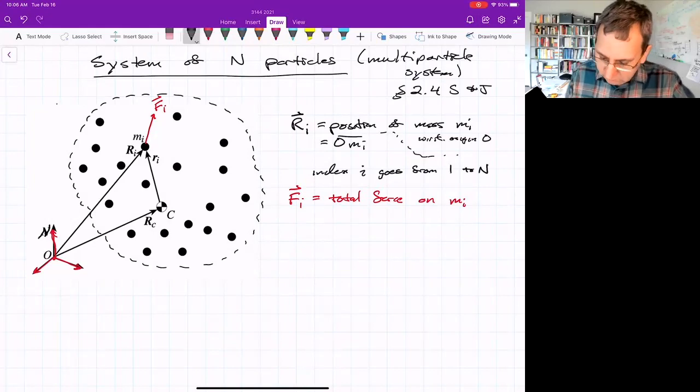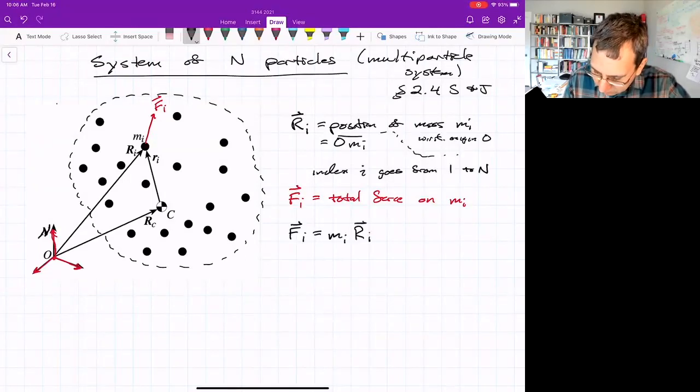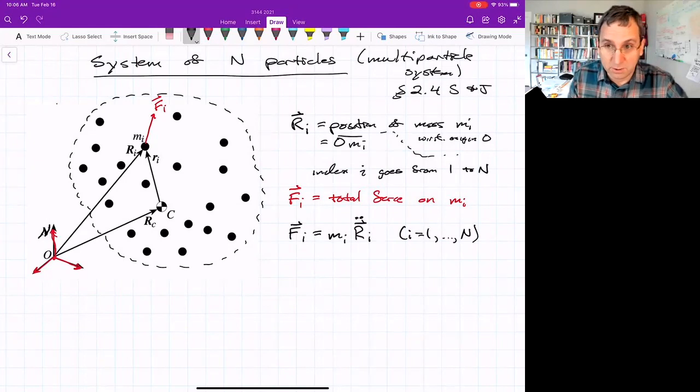So that means Newton's law for particle i, the equation of motion is going to be Fi equals mi times two inertial derivatives of r, the acceleration. So in some sense, these are n vector equations. If we've got 3 dimensions to describe each particle, this is 3 times n second order ordinary differential equations for the position of this system of particles.